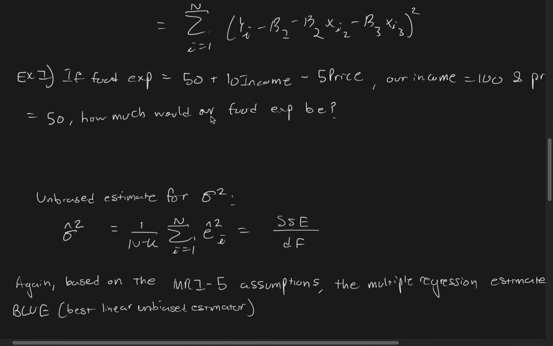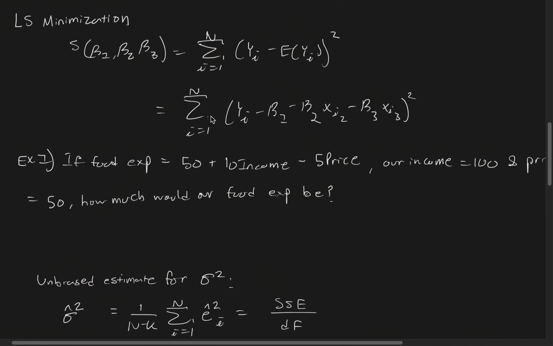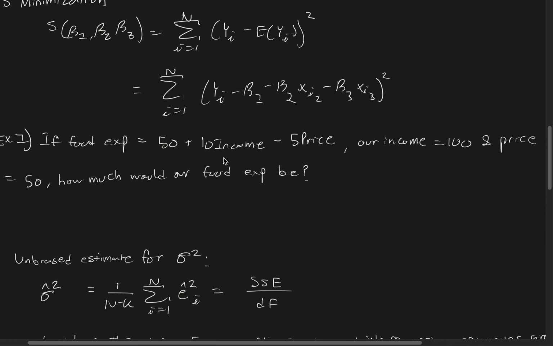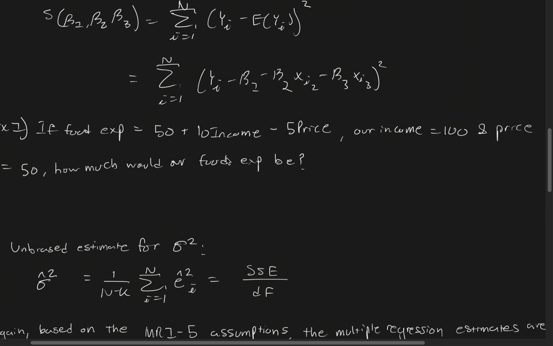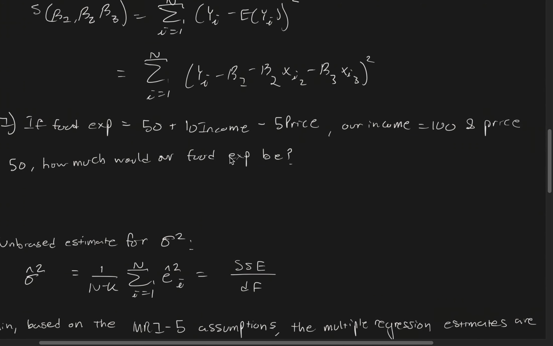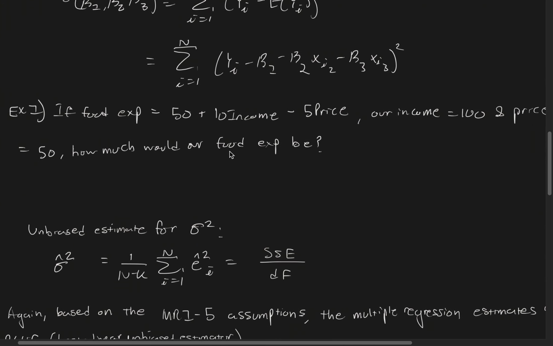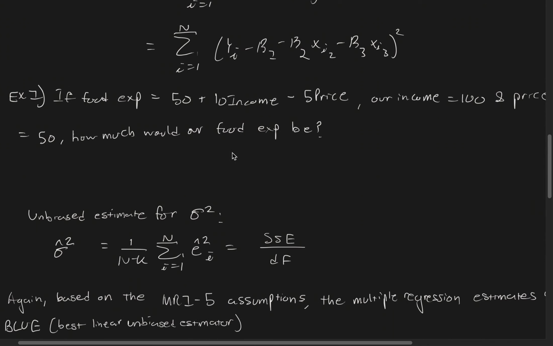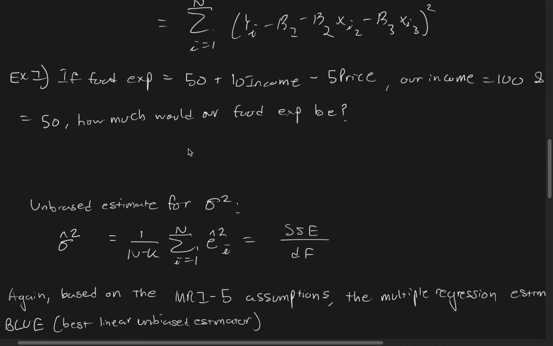A quick example is with this equation right here: 50 plus 10 times income minus 5 times price. If in our specific case our income is 100 and our price is 50, how much would our food expenditure be? As you might guess, we can just plug this in.